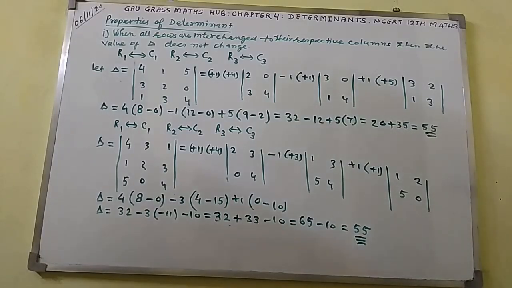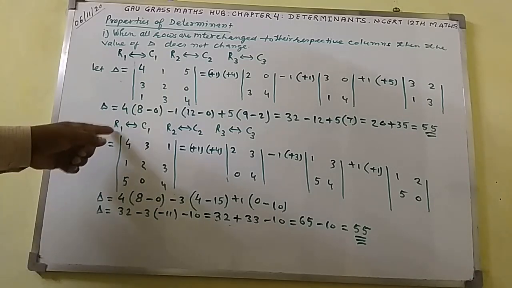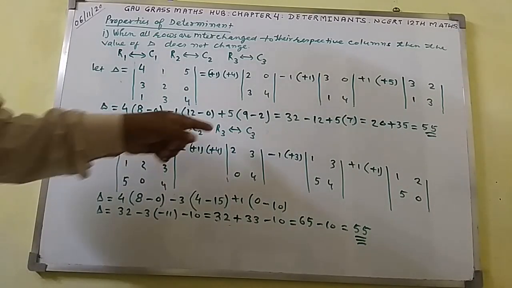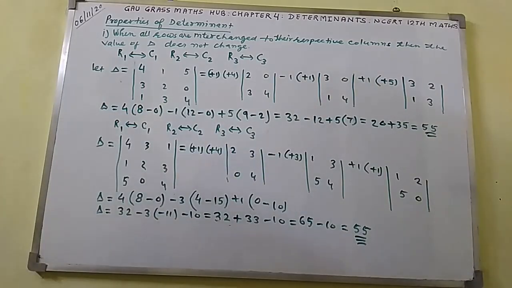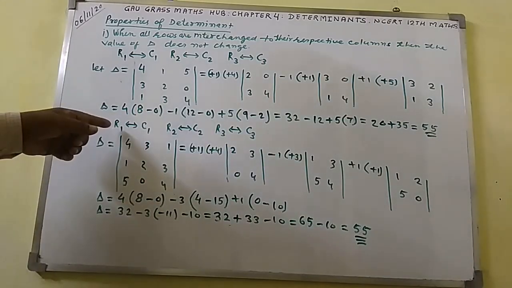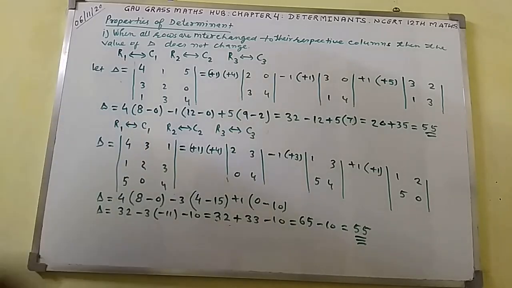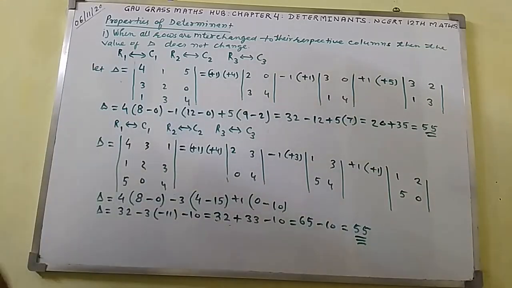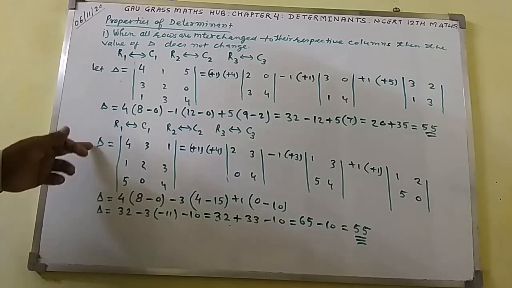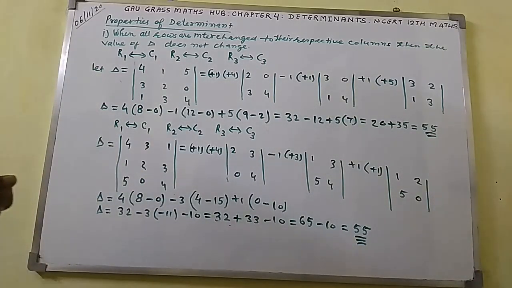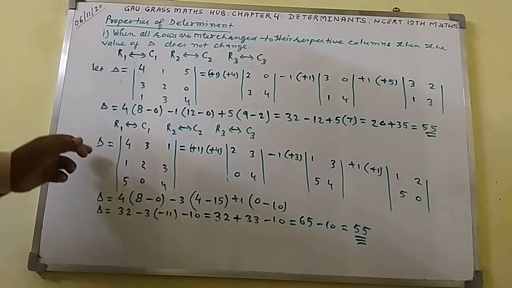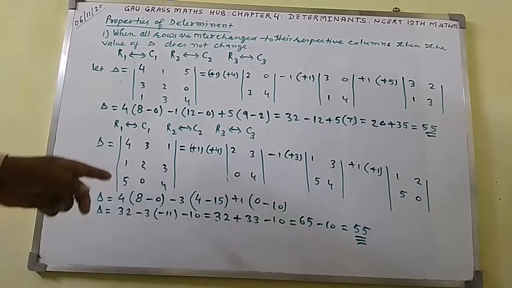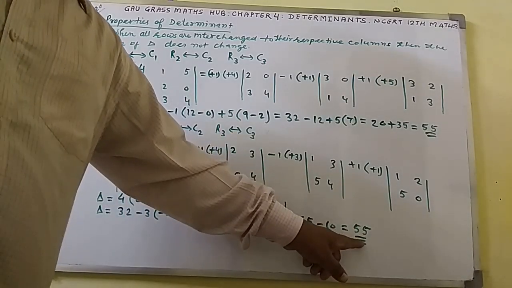On applying the properties R1 interchange to C1, R2 interchange to C2, R3 interchange to C3, I have found the new determinant. By expanding the new determinant row wise, I have got the value 55.